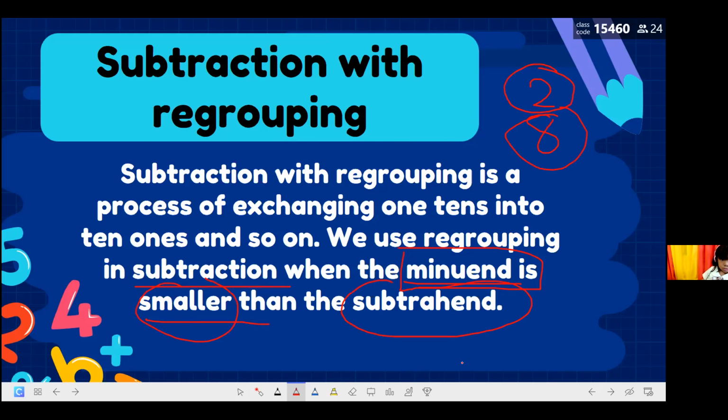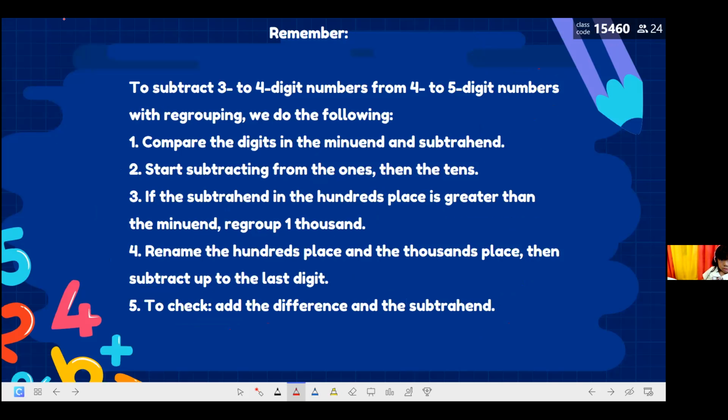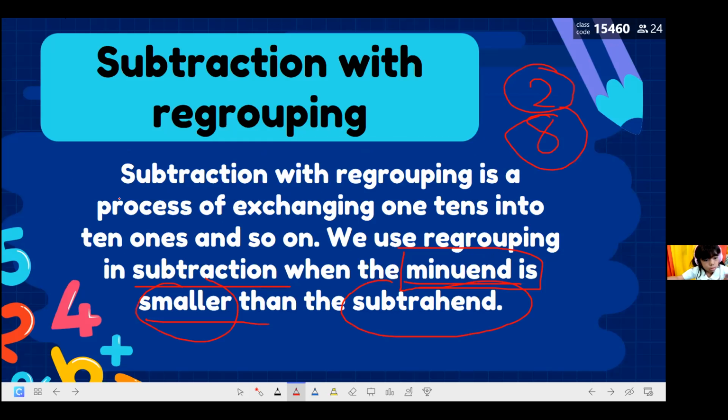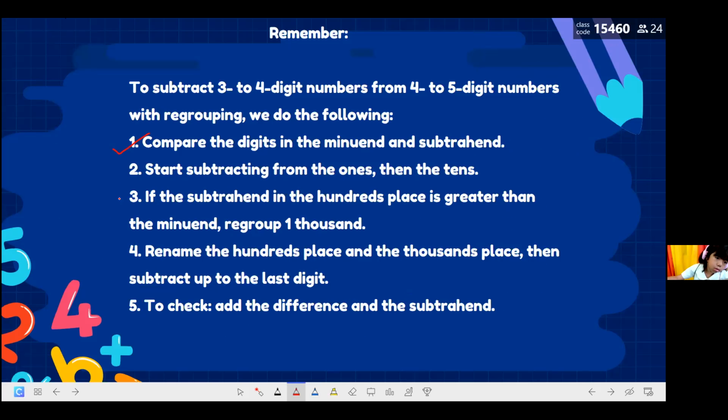Things to remember: to subtract 3 to 4 digit numbers from 4 to 5 digit numbers with regrouping, we do the following. Number one, compare the digits in the minuend and subtrahend. Next, start subtracting from the ones place, then tens, hundreds, and so on.